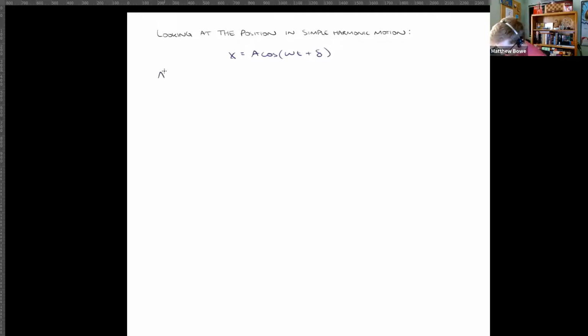And I said A is the amplitude. Omega t plus delta is the phase. We can say delta itself is the phase constant. So this phase constant is just a value. It'll be like 0, pi, 2 pi. So we have the phase constant.